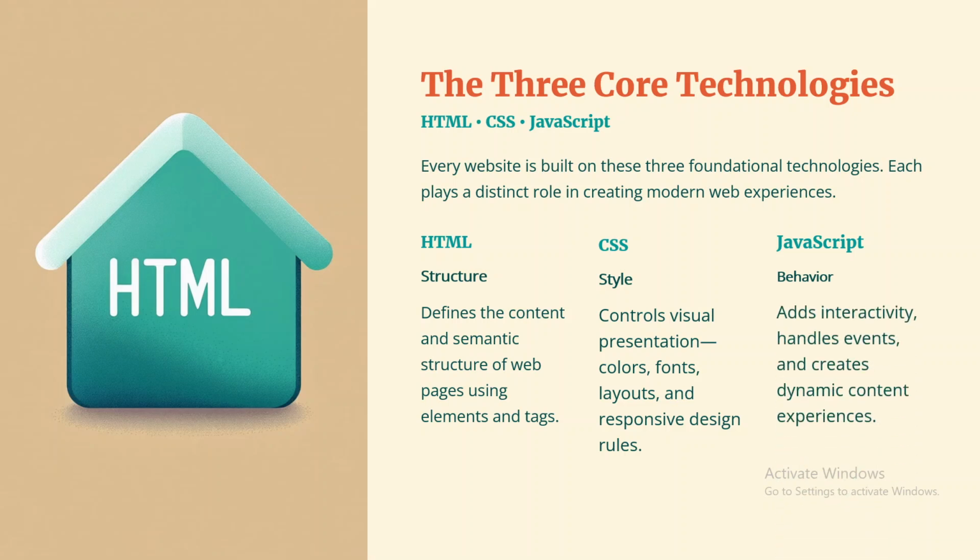Think of it this way: HTML is the skeleton, CSS is the clothing and appearance, and JavaScript is the movement and intelligence. This is how these three work together on a web page. Next, let's briefly understand HTML, CSS and JavaScript one by one.